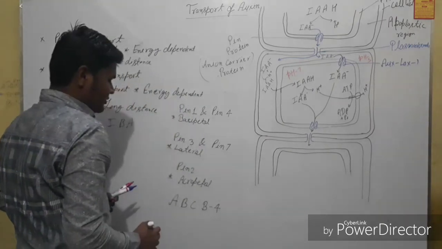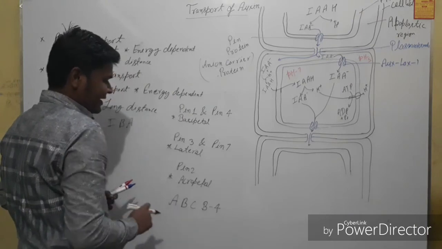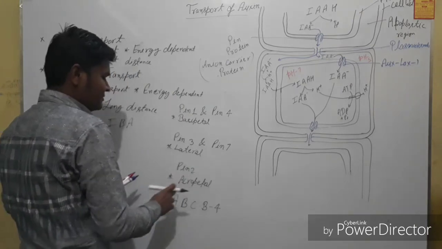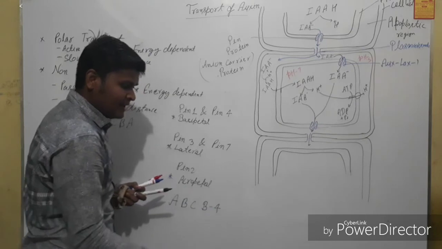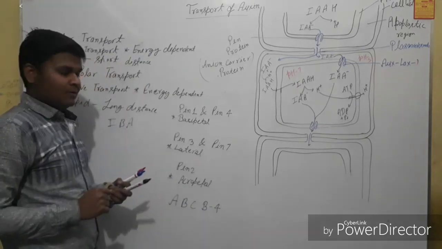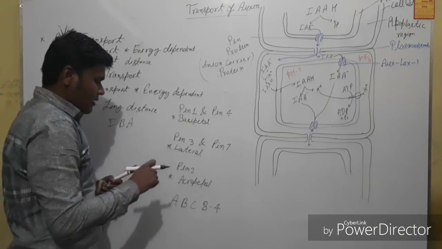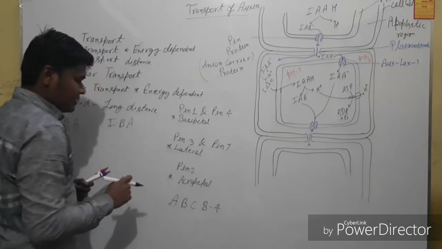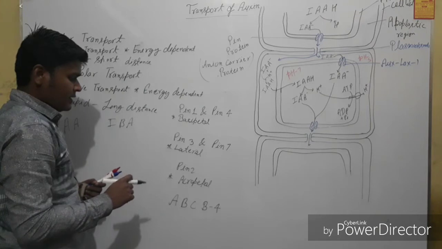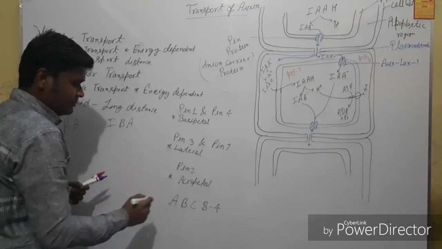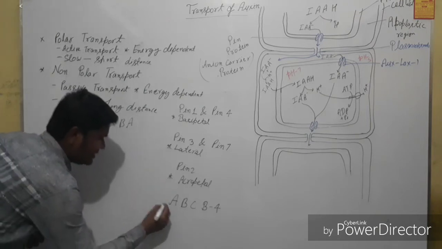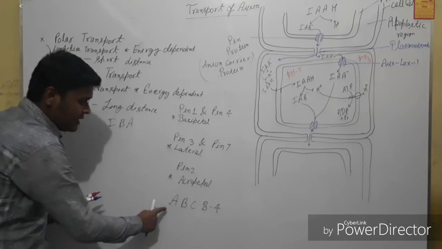The ABCB4 protein also helps in the transportation from the base to the upper region of the plant. What is the meaning of ABC?